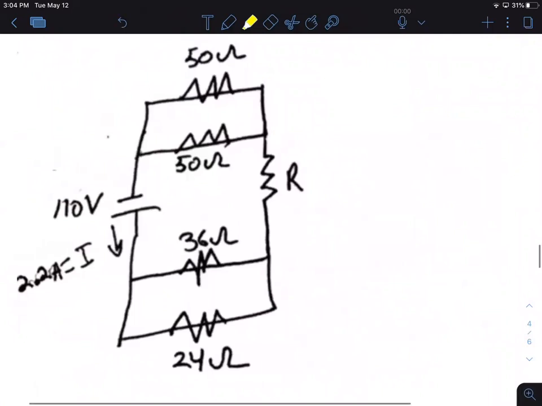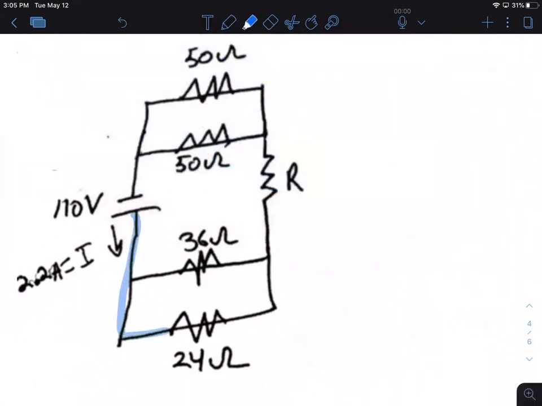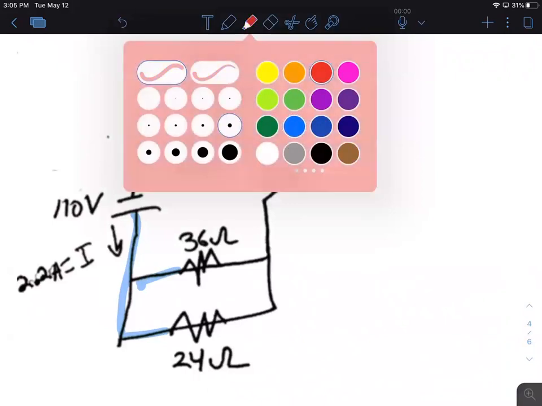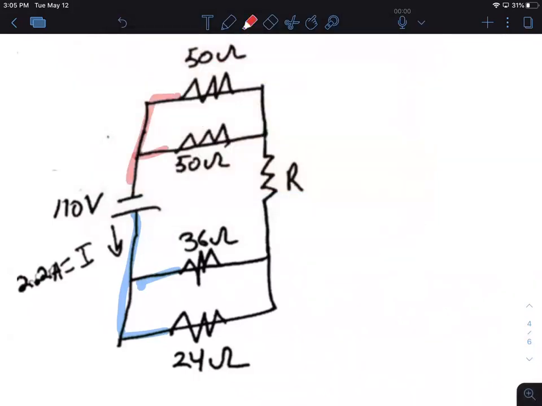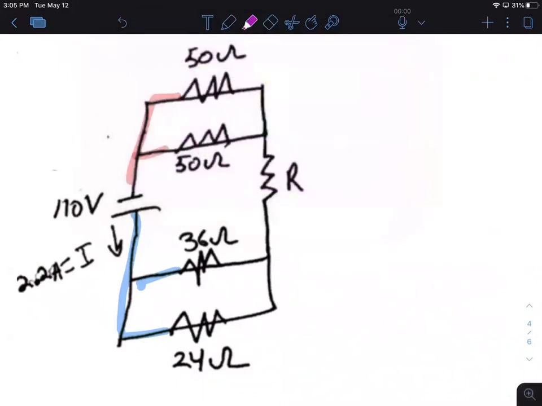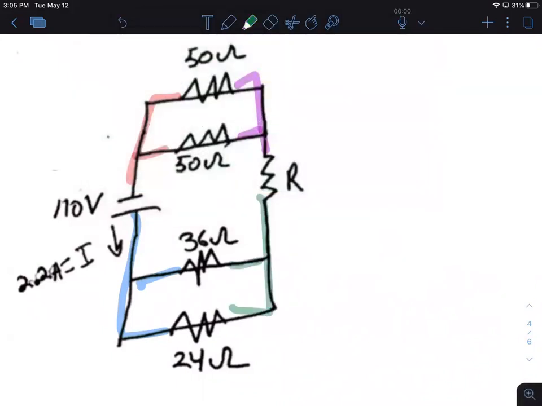All right, we've got battery. Ooh, I flipped which way the battery was going. Real tricksy there. These guys. We've got that and that.